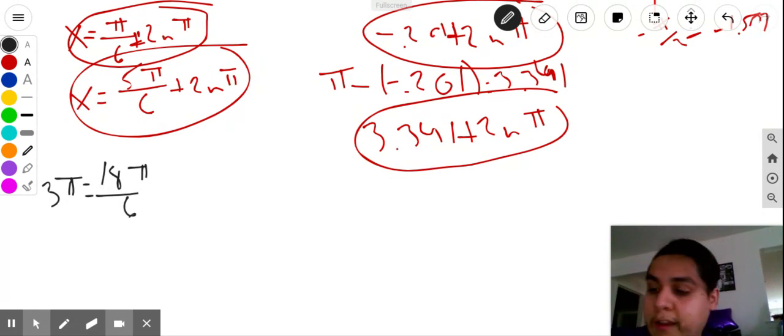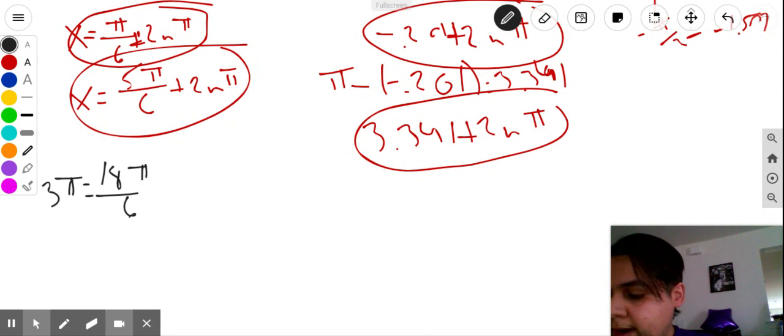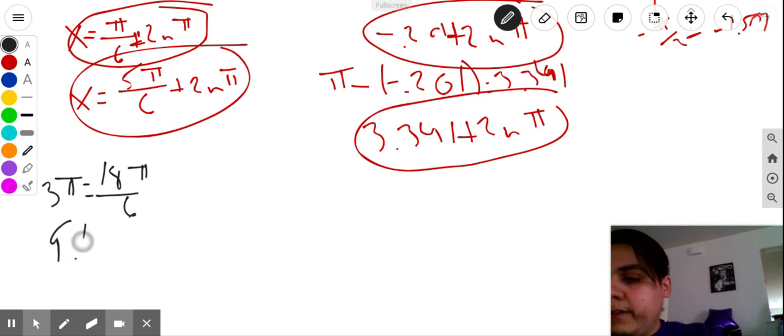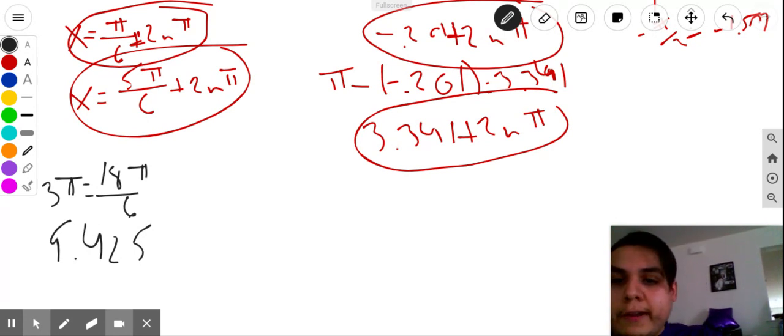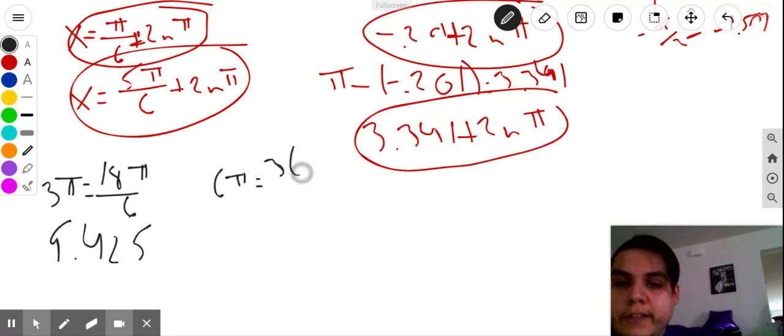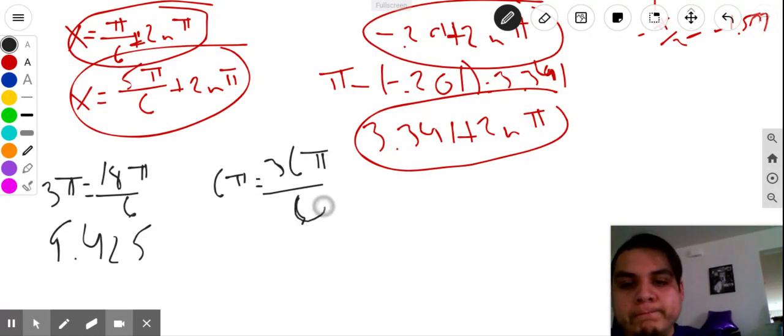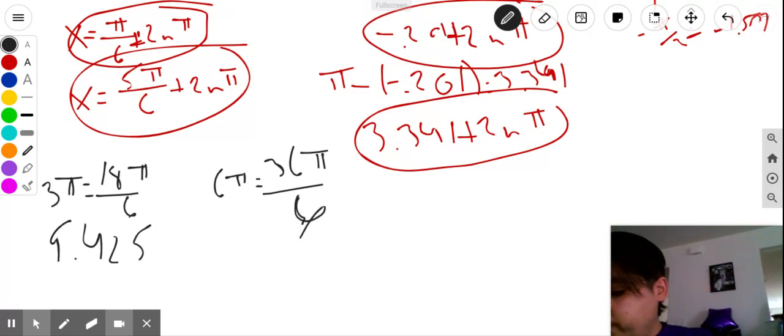Or if you type that in the calculator, 3 pi is also the same as 9.425. So 6 pi is 36 pi over 6, or 18.85.